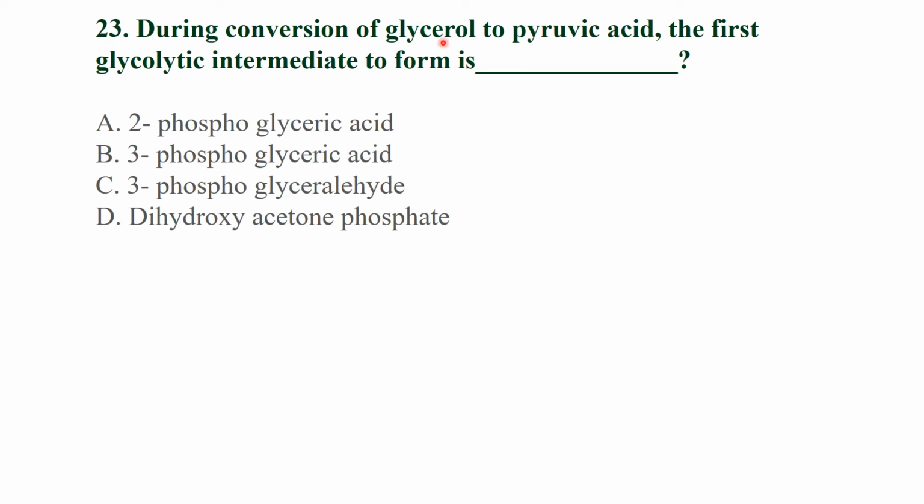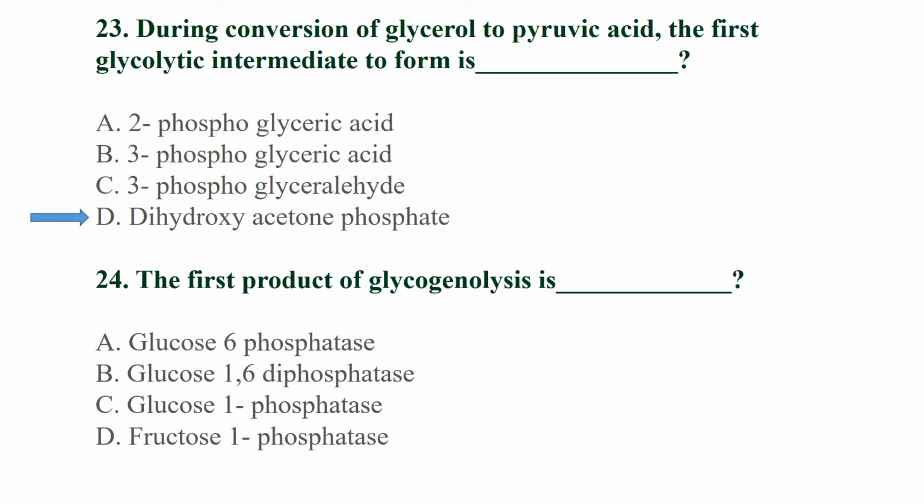During conversion of glycerol to pyruvic acid, the first glycolytic intermediate to form is dihydroxyacetone phosphate. The first product of glycogenolysis is glucose 1-phosphate.